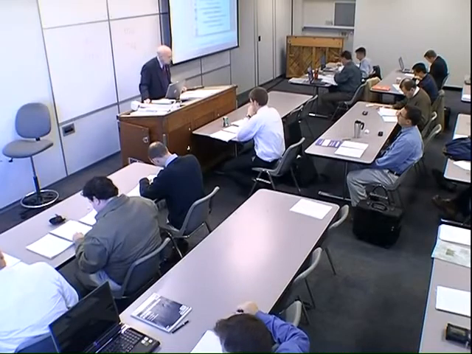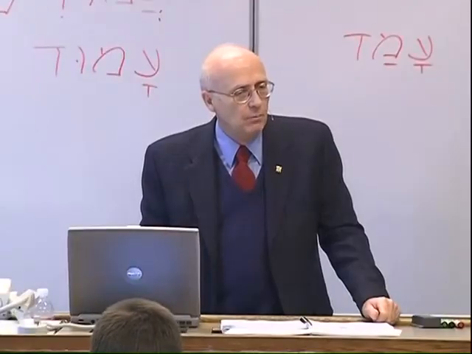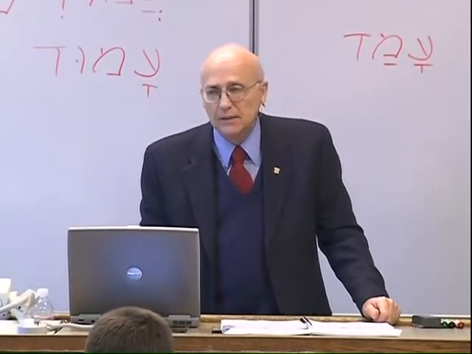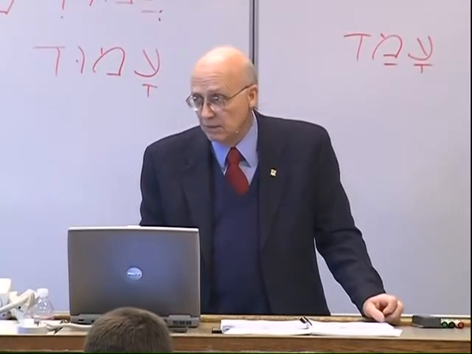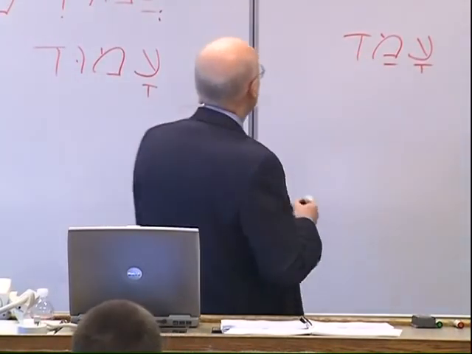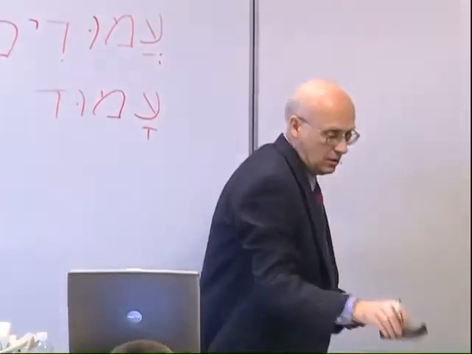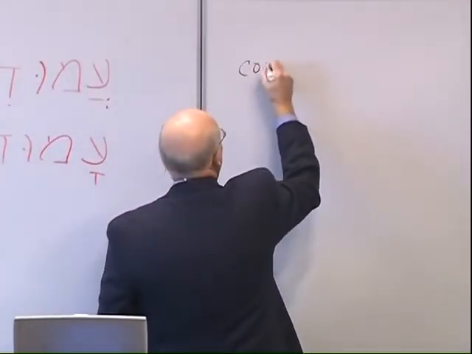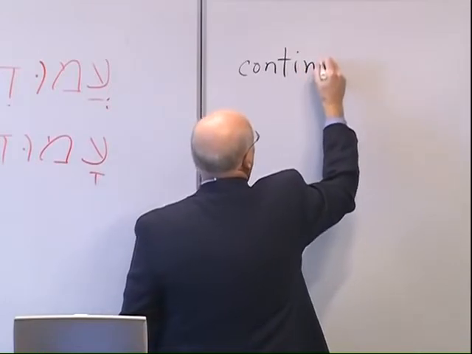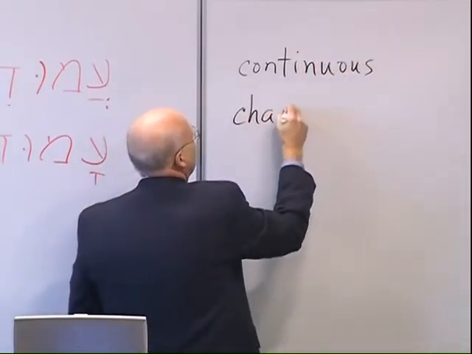Now, two more things about participles. Participles are normally translated with -ing when they are continuous in meaning. But participles have two possible meanings. Those meanings are either continuous or characteristic.